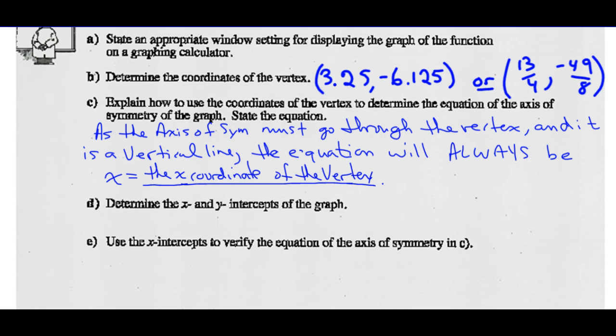So that's always going to be the equation for the axis of symmetry. So our equation for the axis of symmetry in this graph is x equals 3.25. All right.